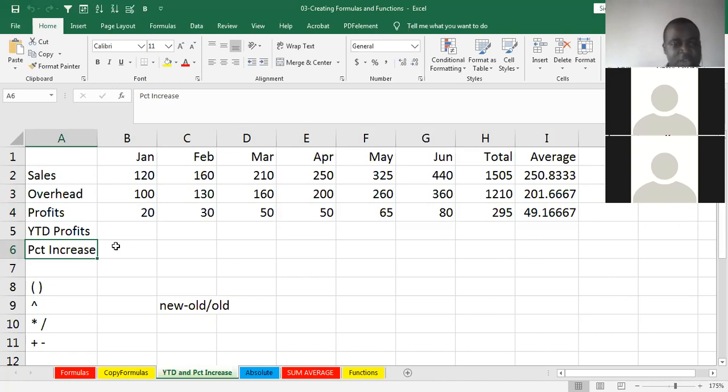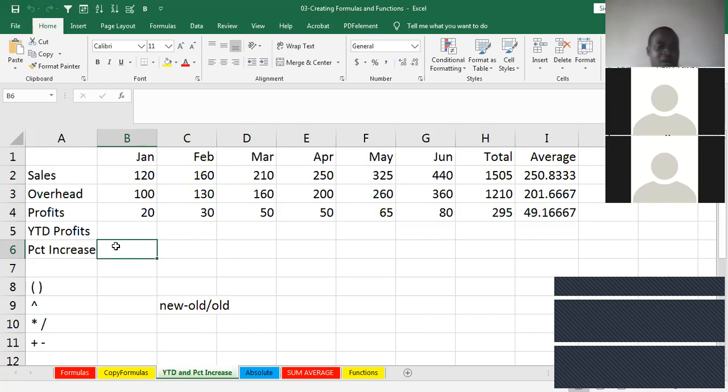Yes, sir. Okay, so if you're asked to calculate the percent increase, we need to know the difference between what was done in January, February and March. There is a formula that we are going to use, and that formula is quite simple.